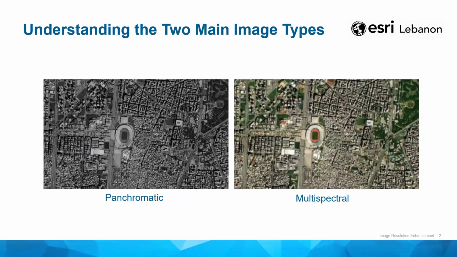On the other hand, we have the multispectral image. It is collected in several narrower wavelength bands. This gives us real color information and lets us understand materials, for example vegetation health, water condition, and other surface characteristics.